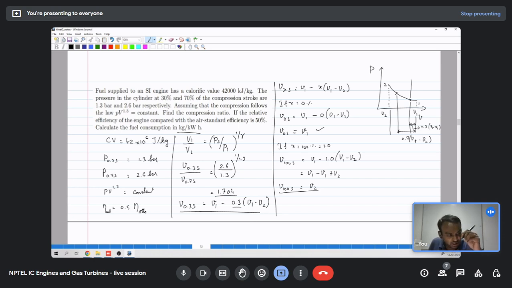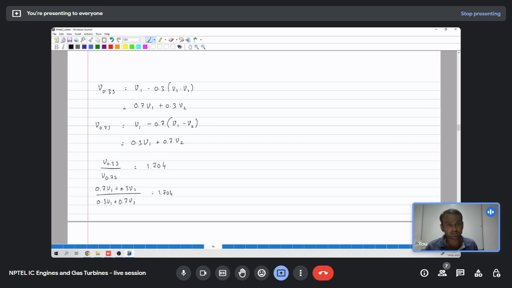I think the initial pressure at the initial volume V1 should be given. Otherwise, does anyone have an idea how to solve this problem?